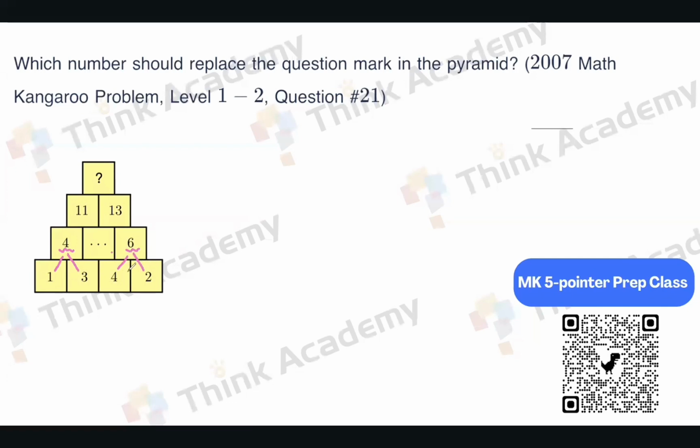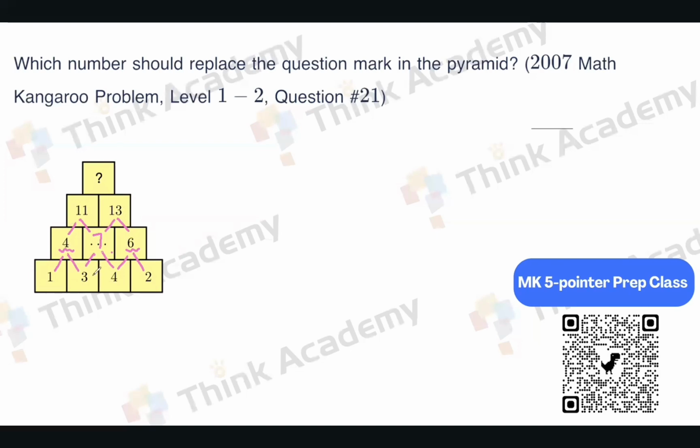Look, this is also a pyramid. The 2 numbers at the bottom add up together to give the number at the top. So let's try. How about 3 and 4? When they stack up together, the middle number here must be 7. And 4 plus 7 is 11. 7 plus 6 is 13.